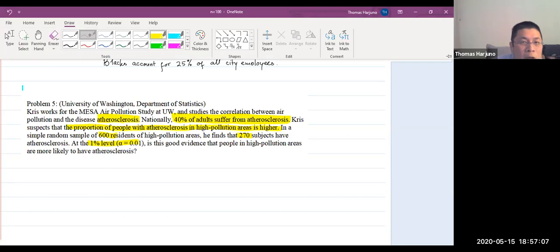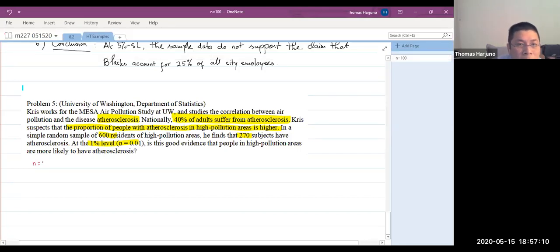So let me help you write down what we know. The n is 600. The x is 270. So the p hat is 270 over 600, that's 0.45. That's the p hat, while the alpha is 0.01.